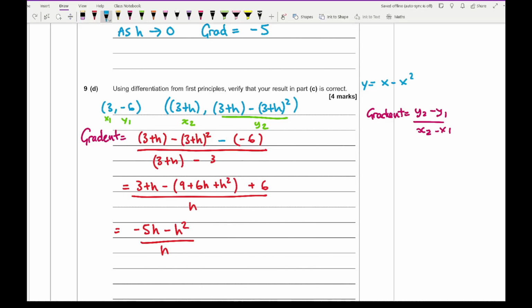So then if I cancel an h out, then what we end up with is -5 minus h. So then as h tends towards 0, the gradient equals -5, which is exactly what I got in part C.